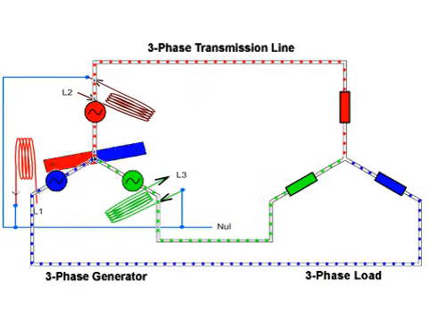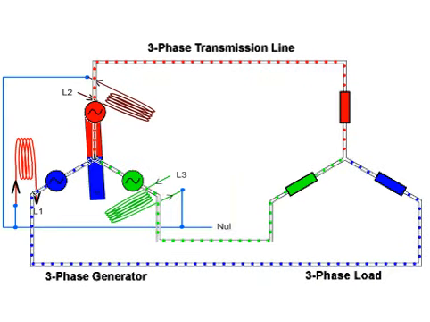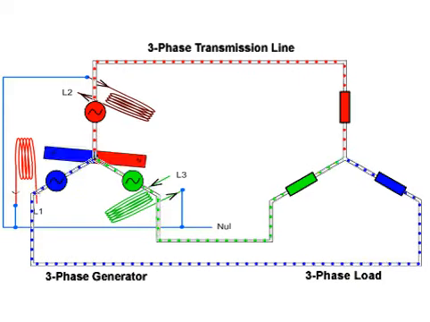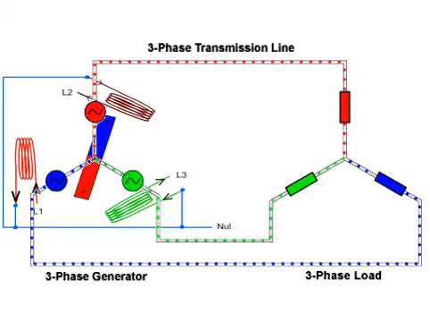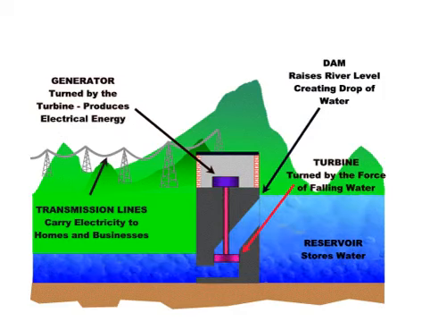This is basically the mechanism shown in animation to simplify the concept for the understanding of the students. This is just a diagram showing the generator and exciter of a two-pole round rotor generator.